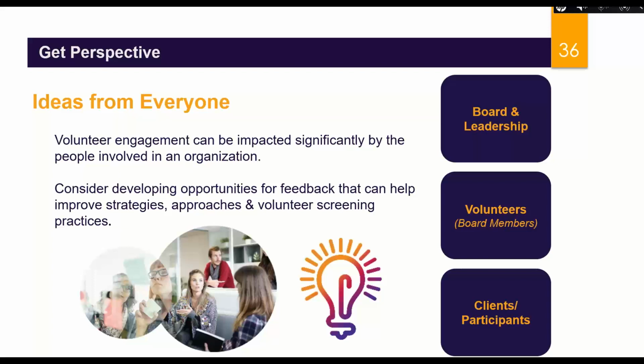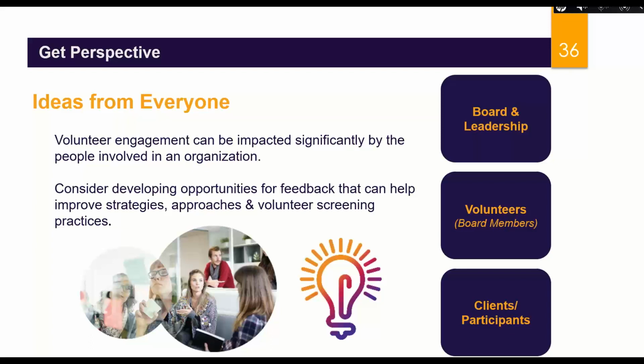You might want to ask volunteers directly some questions like, how was their experience of the screening process overall? Do they have positive feedback, constructive criticism to give? What would they look for in another volunteer? So even sort of a volunteer colleague, who would they want to work with? Who's the best person to work with?